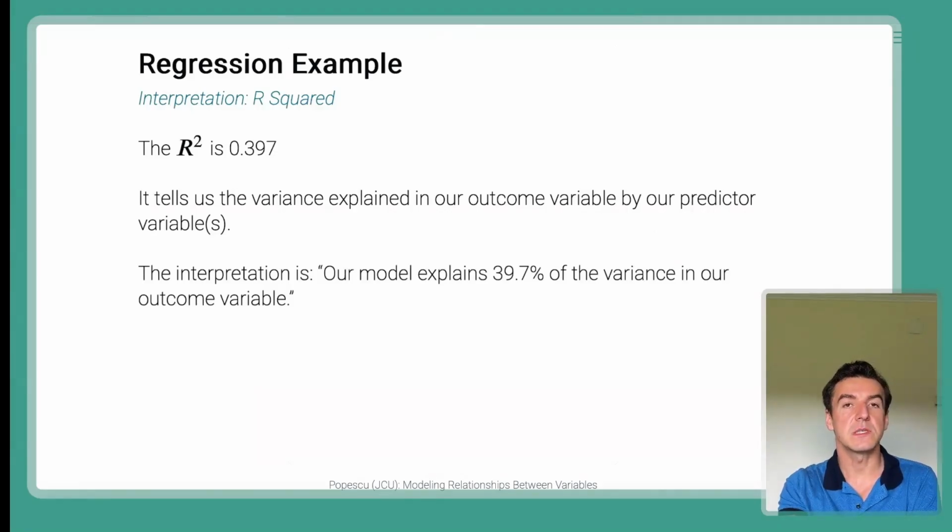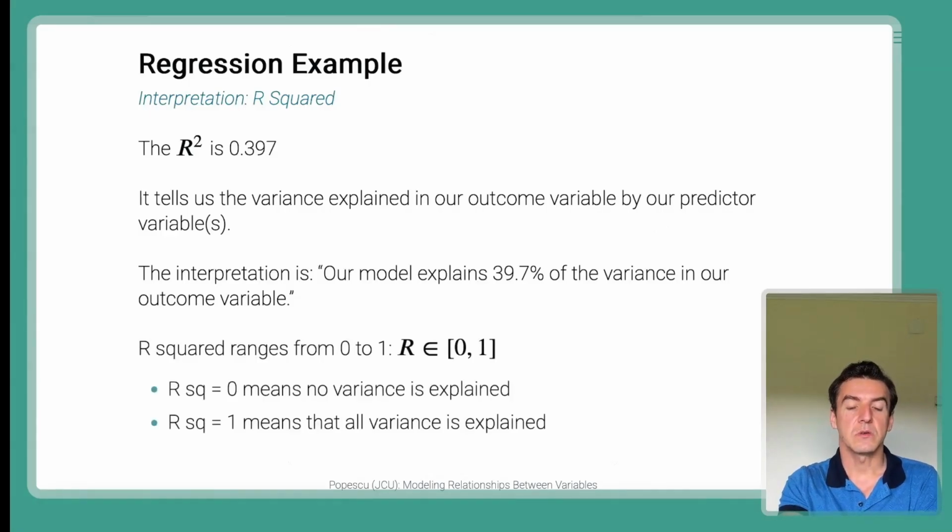So in this case, we say that our model explains about 39% of the variance in life expectancy. Typically the r squared ranges between 0 and 1. If r squared is equal to 0, this means that no variance is explained. If it's equal to 1, that means the entire variance is explained.